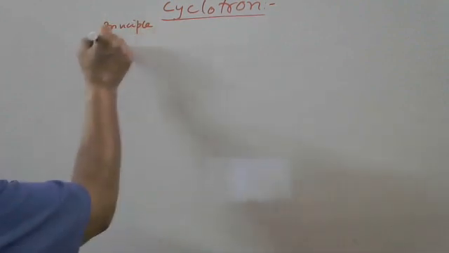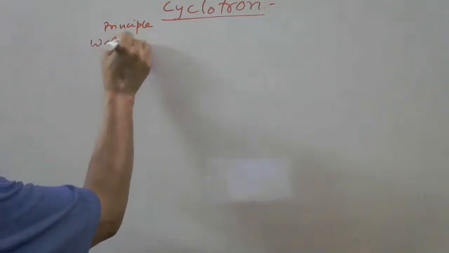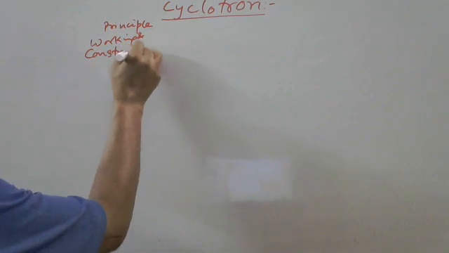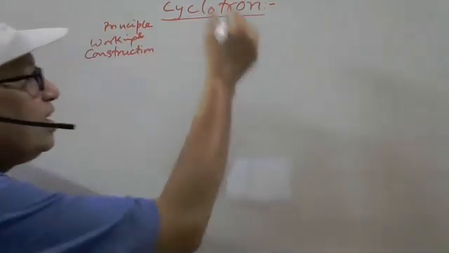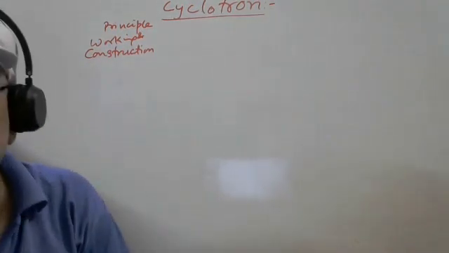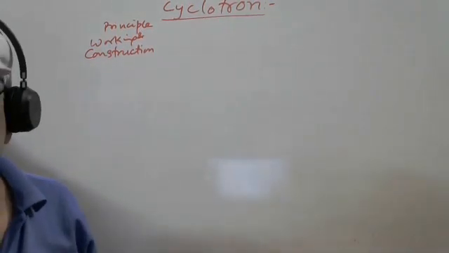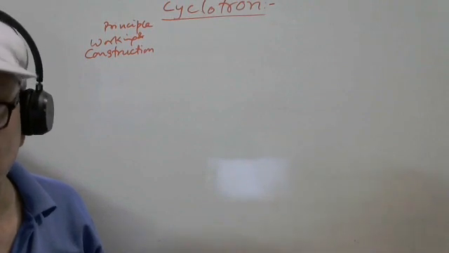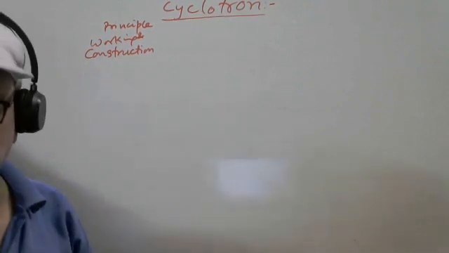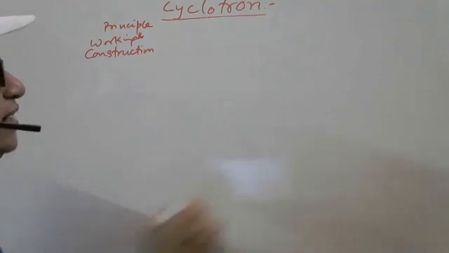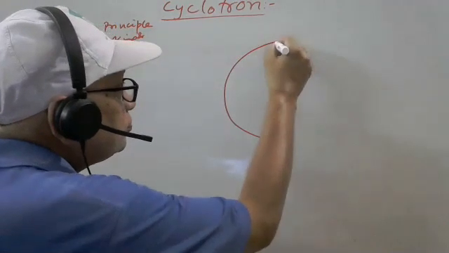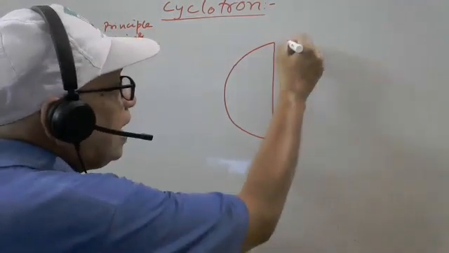Now the working and the construction of this cyclotron. Let us say this is a horizontal disk of roughly 2.5 to 3 meter diameter, cut into two parts. So it is called D, now D1 and D2.